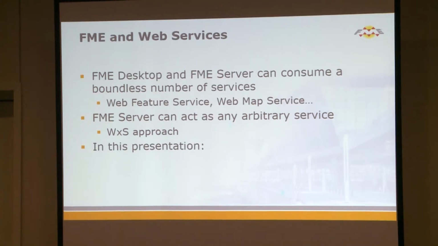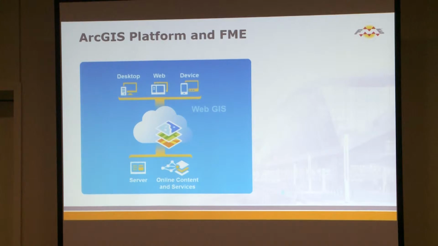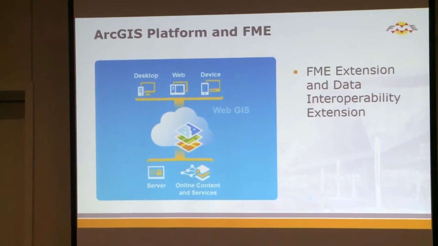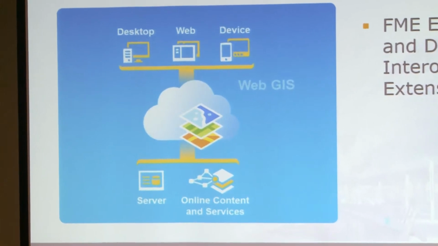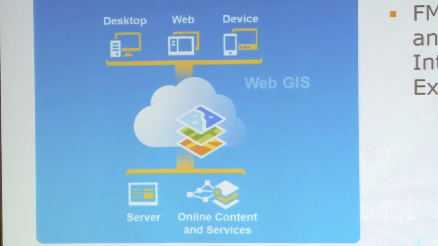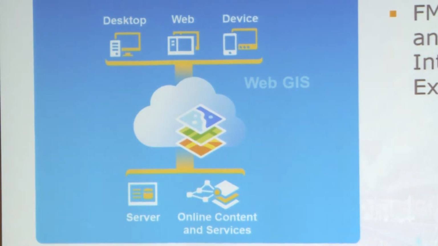In this presentation, as I said, I will focus on the ArcGIS Online Services and their usage within FME Desktop and within FME Server. So as you all know, the ArcGIS platform consists of different tools, of different applications, and on the ArcGIS Desktop and ArcGIS Server side, you probably all know that there are extensions based on FME that give ArcGIS the chance to make use of FME functionality.